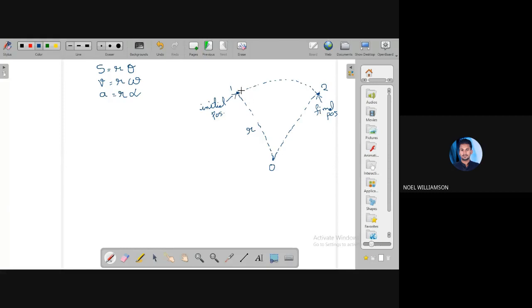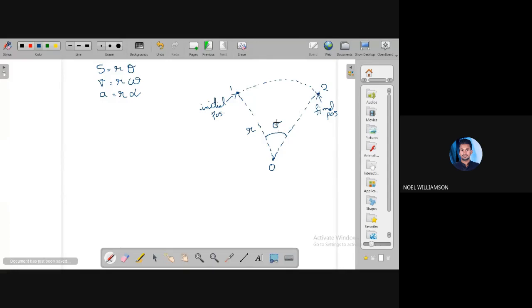So the motion is a curvilinear motion, and the angular displacement means the displacement which is not linear but is acting in an angular manner, that is in this manner. This is the angle swept by the radius when it moves from the initial point to the final point.